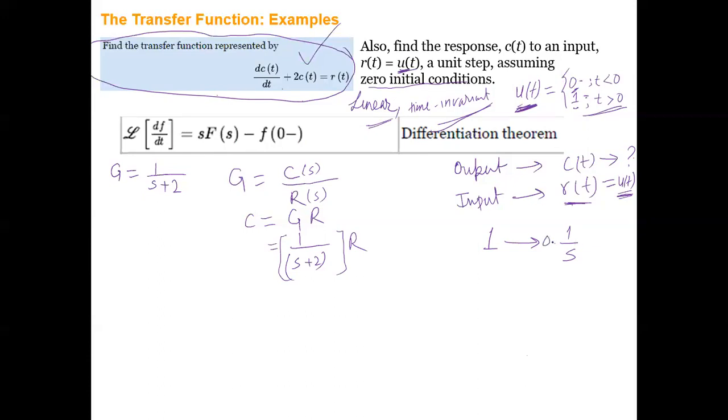So basically we are adding 0 plus 1 over s, which is 1 over s. So that's why I can rewrite this as 1 over s plus 2. What is your R? R is 1 over s, because little r is u(t).